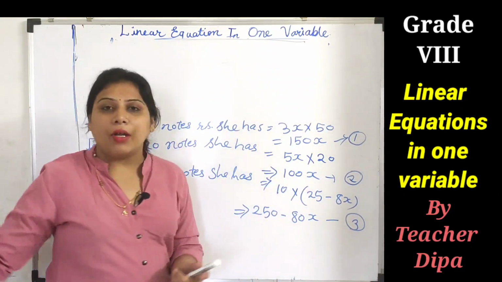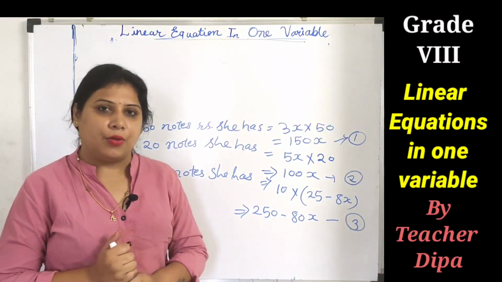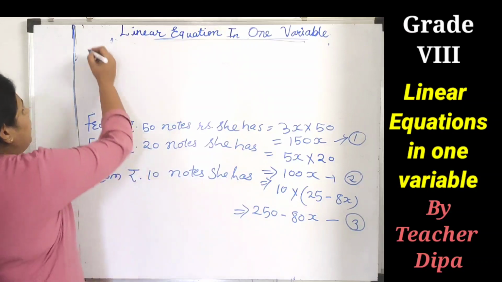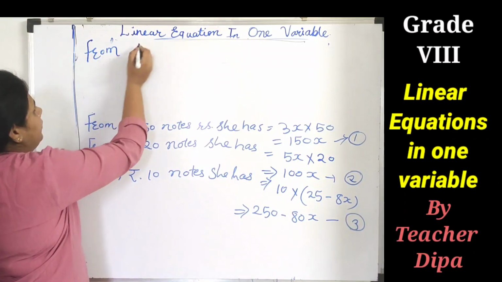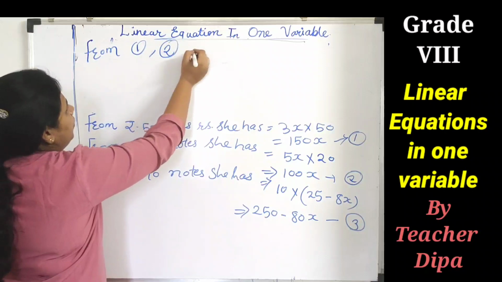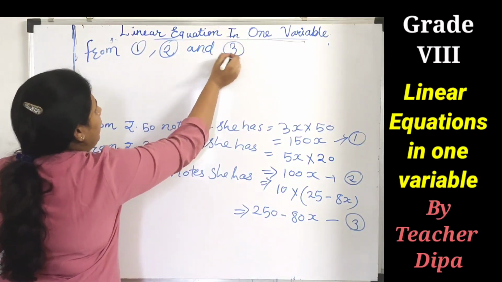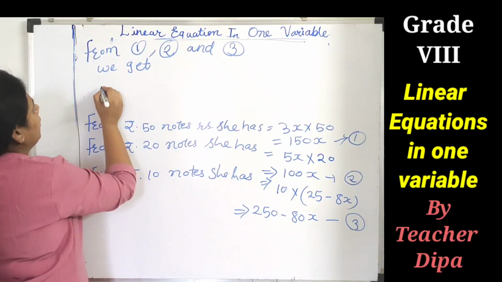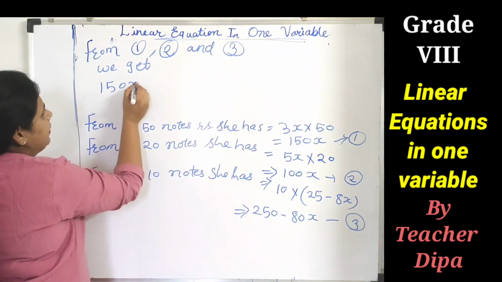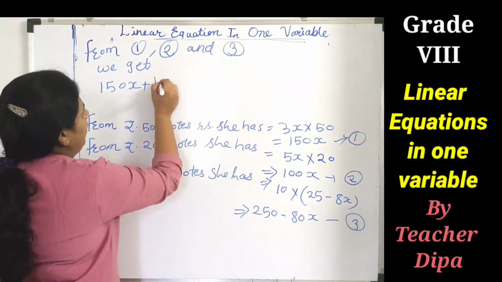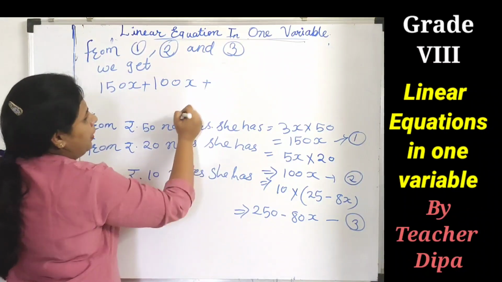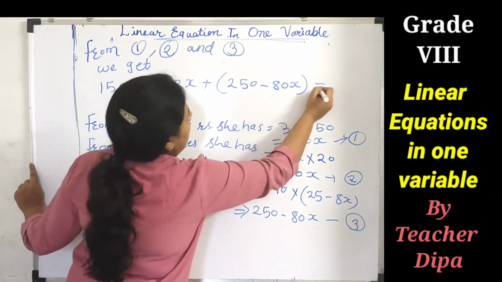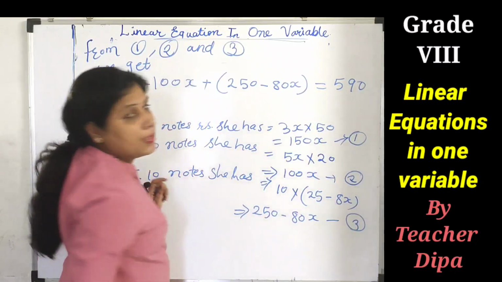Now we know she is having how much rupees? 590 in all. So when we add this 1, 2 and 3, we get 150x plus 100x plus 250 minus 80x is equal to 590 rupees.